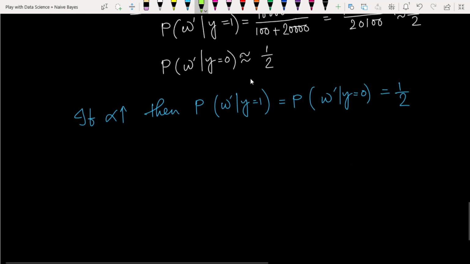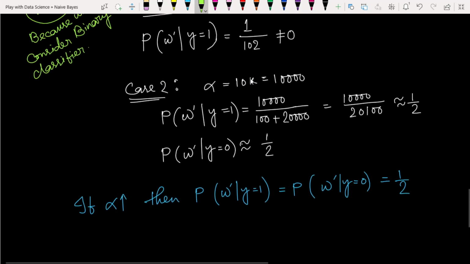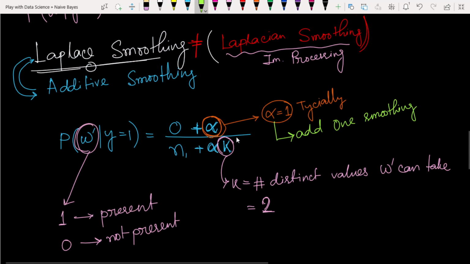Okay, so one thing you might think is, sir, we have only applied this Laplace smoothing for the unknown word.